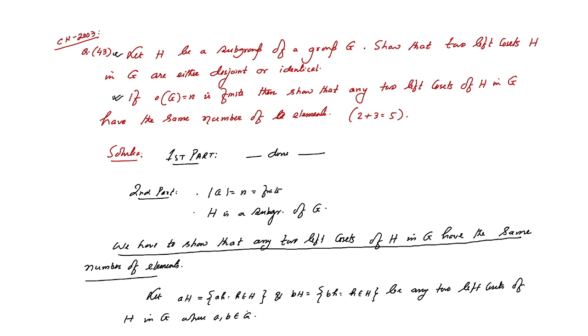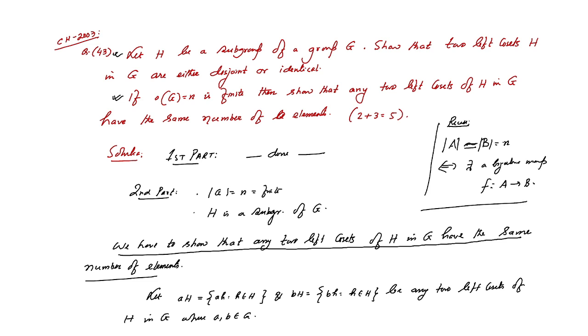Now we define when we say two sets have the same cardinality. One set is A, another is B. When A and B are equipotent sets, they have the same cardinality if and only if there exists a bijective mapping from A to B. So we will define a bijective map.